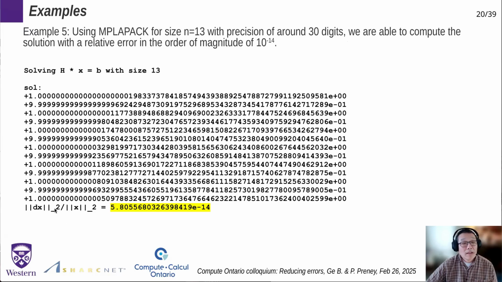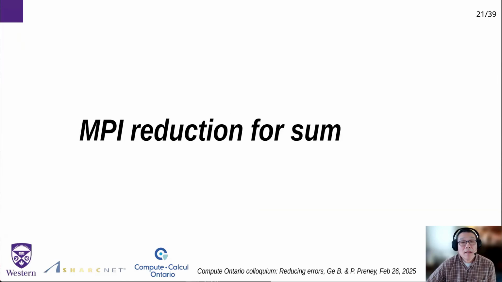We calculate the relative error, and this relative error is 5.8 times 10 to the power of negative 14. So this is how we use a multi-precision tools package for solving a problem to the accuracy that we want.